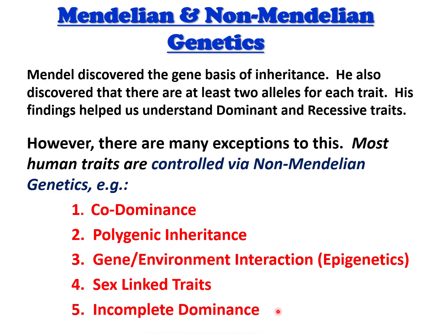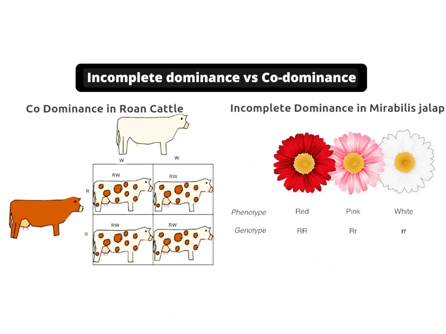And then lastly, incomplete dominance, along with codominance. We will show you what we're talking about in the next slide. I can't explain it properly, so let me show you the image. I think this figure illustrates well the differences between codominance and incomplete dominance. In codominance, you're expressing the trait in a mixed way, not a blended way, but an all or none mixed way, like the spots.